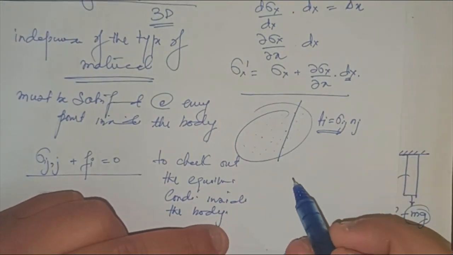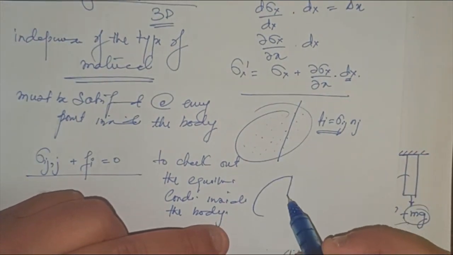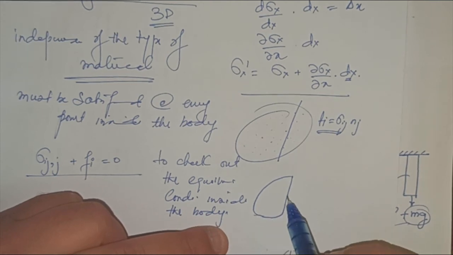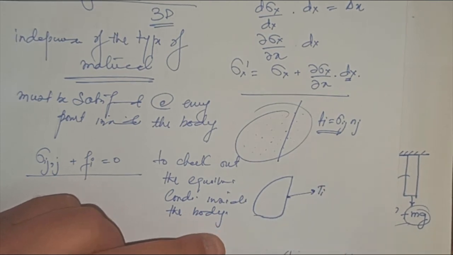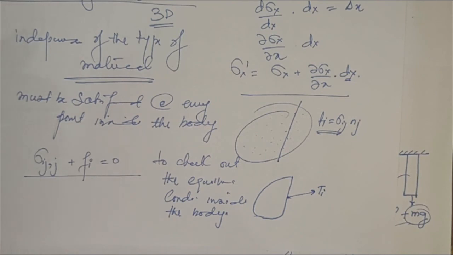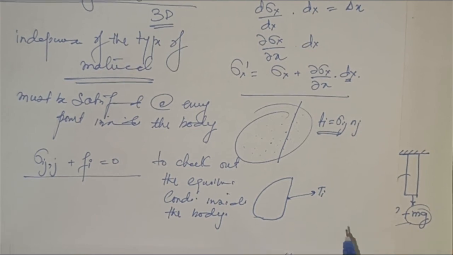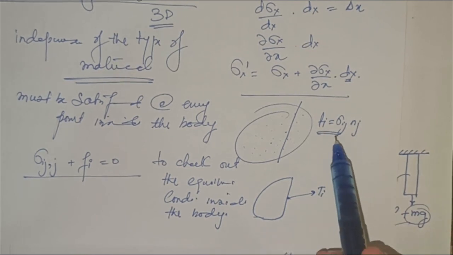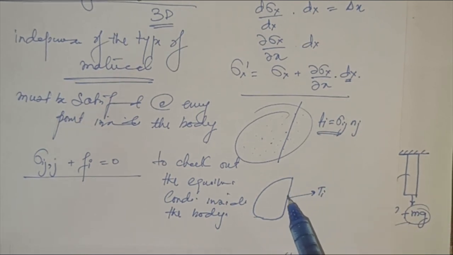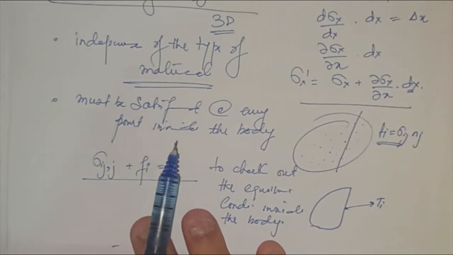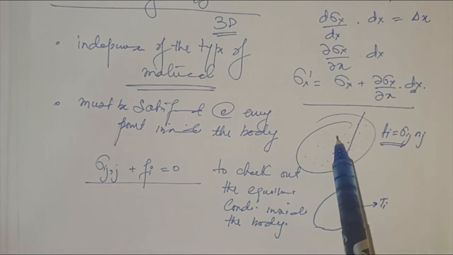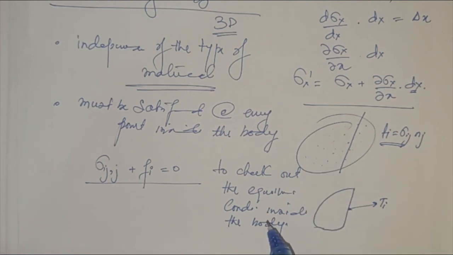I'm going to cut this body like this, and the stress tensor is exposed. So any body you take, you have to cut that body to expose the stress tensor or expose the stress vector, any one of them. So these equations will be applied on the surface, on the outer surface, on the plane. However, the equilibrium equations are satisfied inside the body.